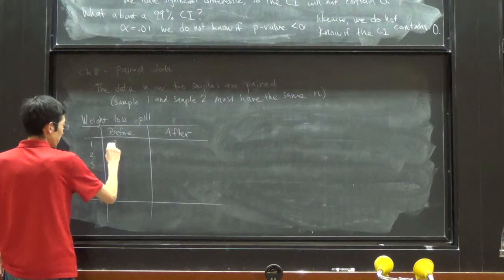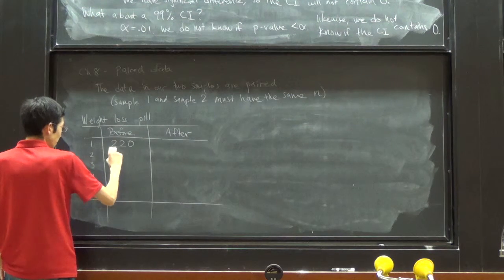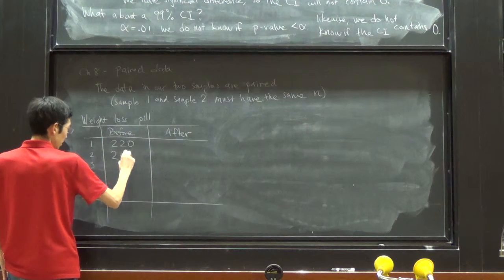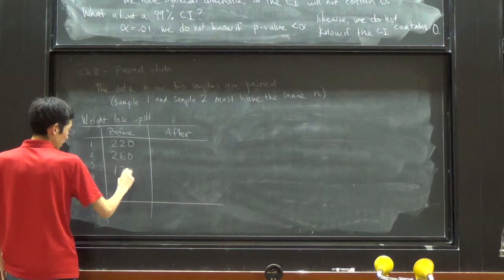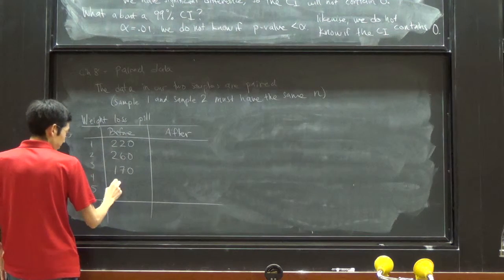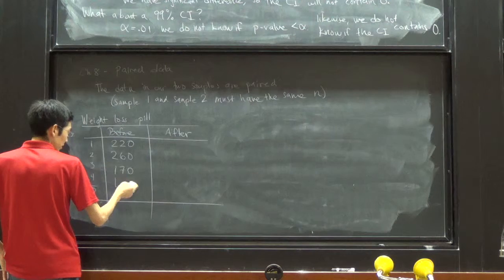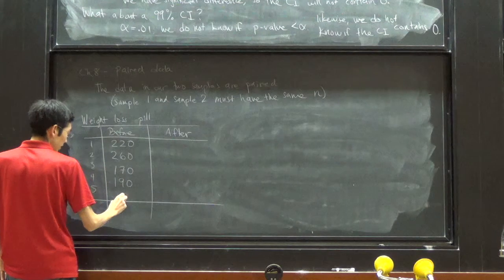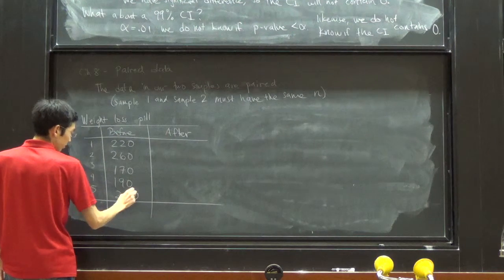Let's say before, this person weighed 220, this weighed 260, 170, 190, and 280, okay?